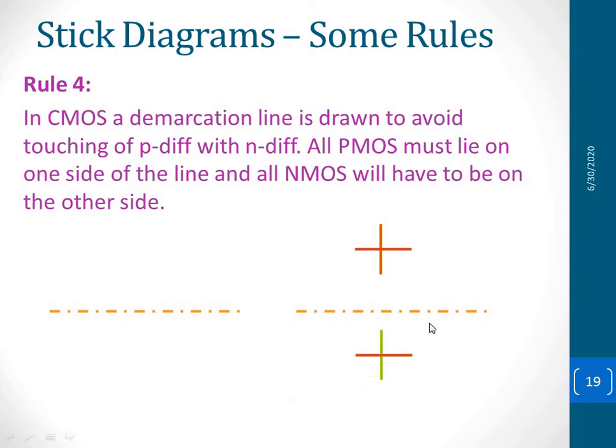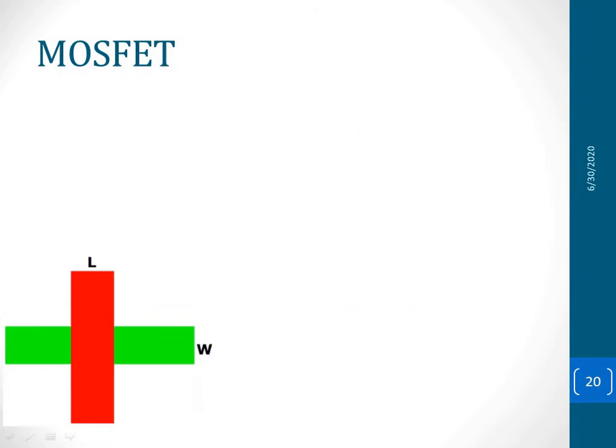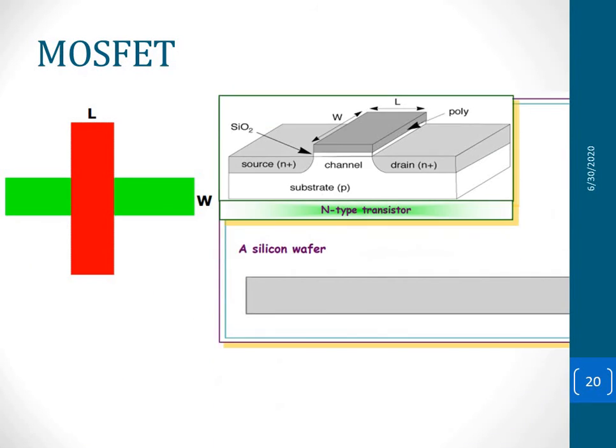And you can see here P channel MOSFETs on the upper side, and N channel on the other side. So in the generalized structure of the MOSFET, the polysilicon is nothing but the gate, this one.